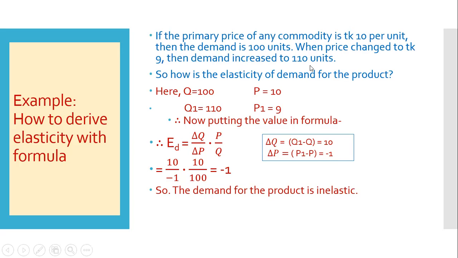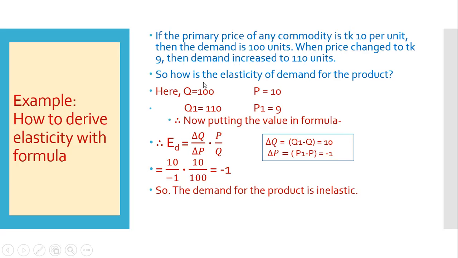But when the price changed to taka 9, that means the primary price is 10 and the new price is 9, after the price falls, the demand increased to 110 units. That means the primary quantity of demand is 100 and now the changed amount is 110 units.